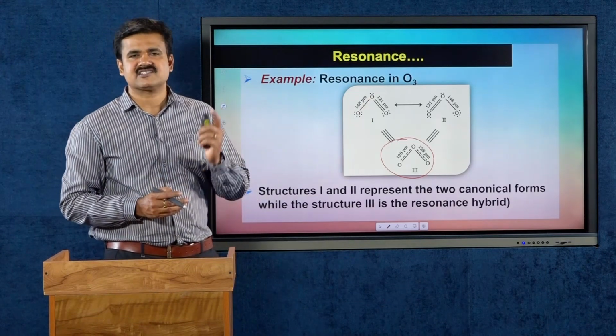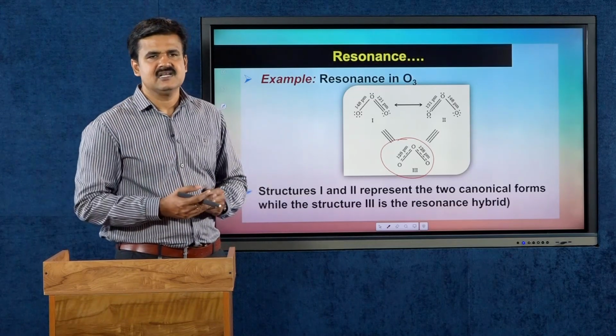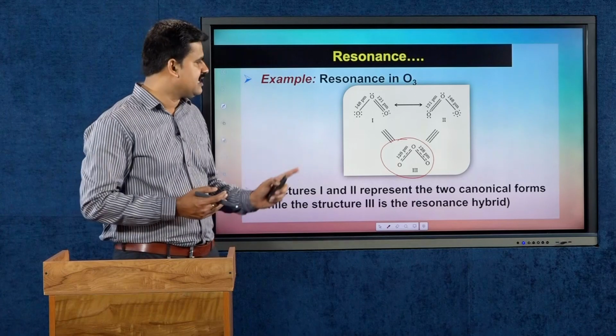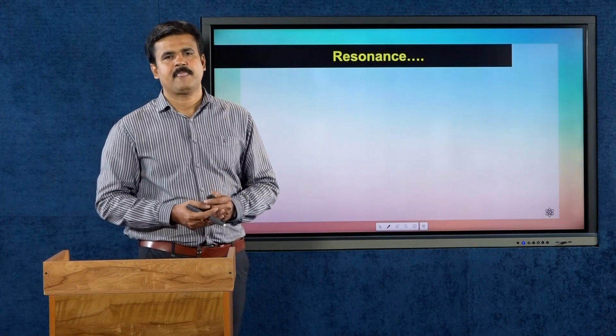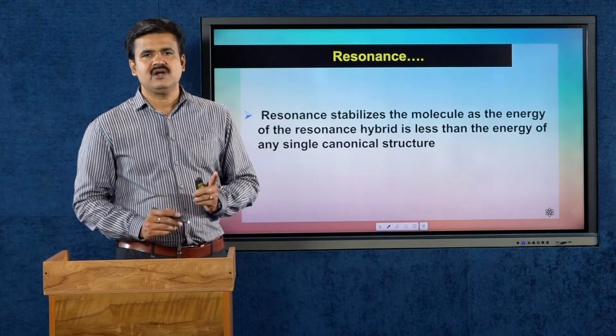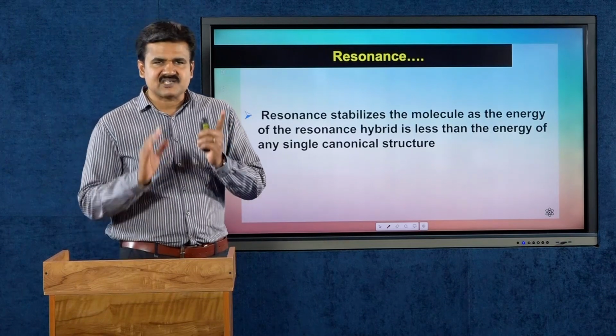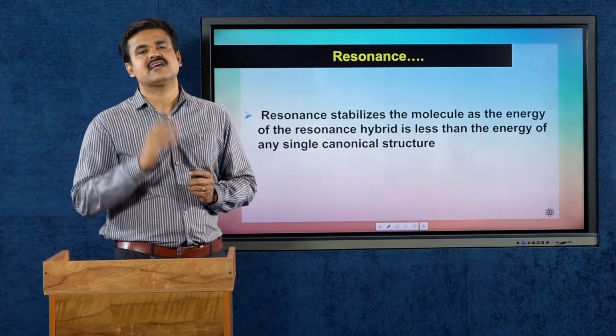Structure 1 and structure 2 represent two canonical or resonating structures, while structure 3 is the resonance hybrid, that is, the actual molecule. Resonance stabilizes the molecule, as the energy of the resonance hybrid is less than the energy of any single canonical structure.